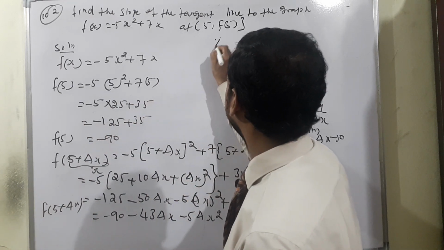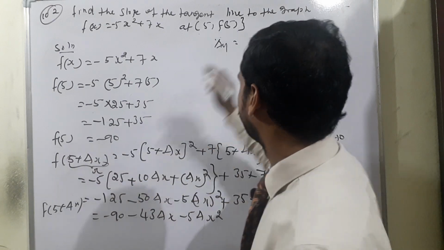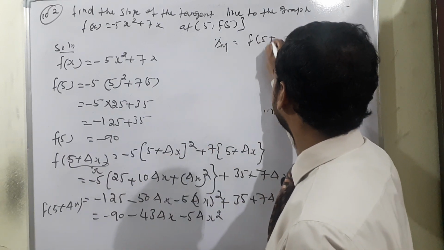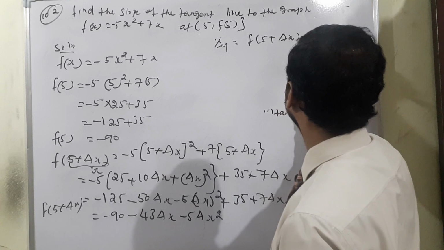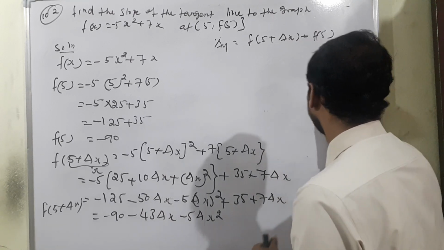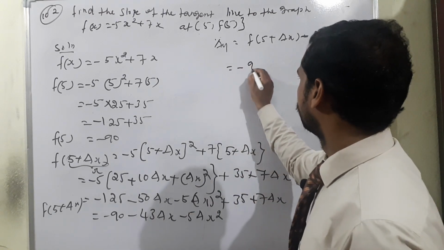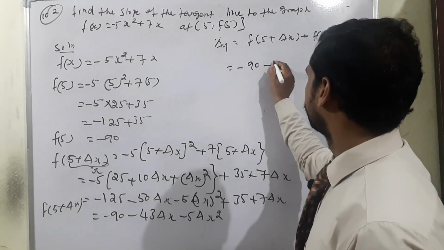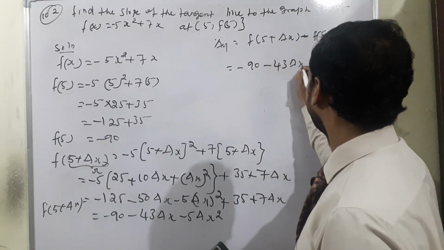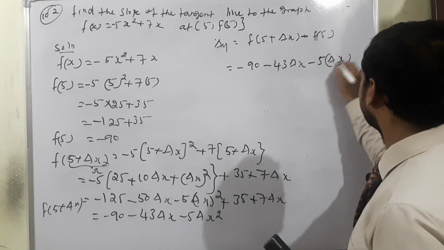Now I am moving to del y. So del y means the differentiation of f of the term minus f of 5. So f of 5 plus del x minus f of 5. Now 5 plus of the term, what the answer is there? Minus 90 minus 43 del x, then minus 5 del x the whole square.